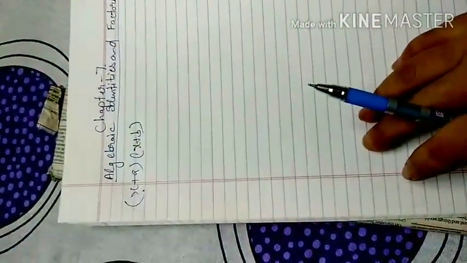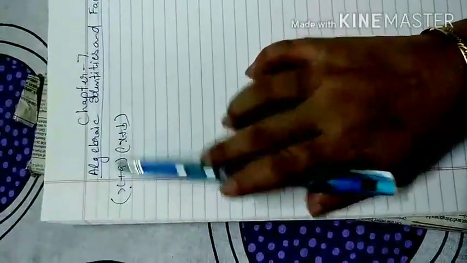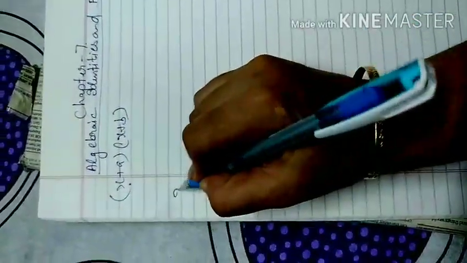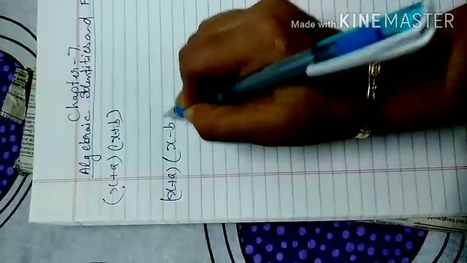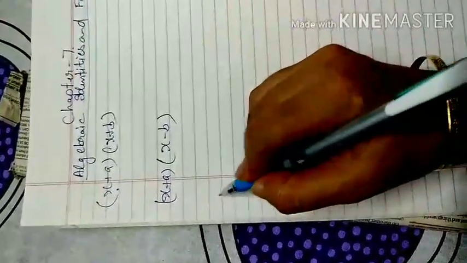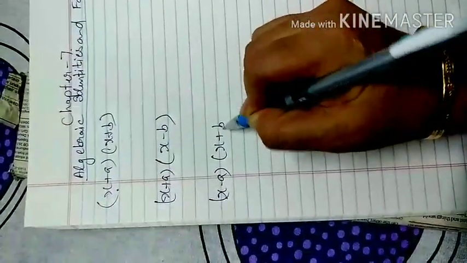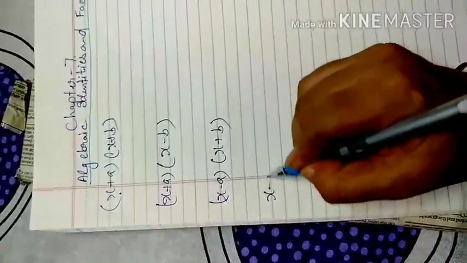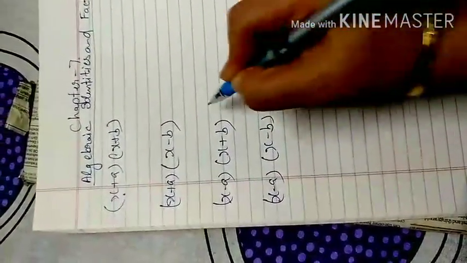Both terms can be positive, or one positive like x plus a, x minus b, or the first negative, x minus a, x plus b, or both negative, x minus a, x minus b.